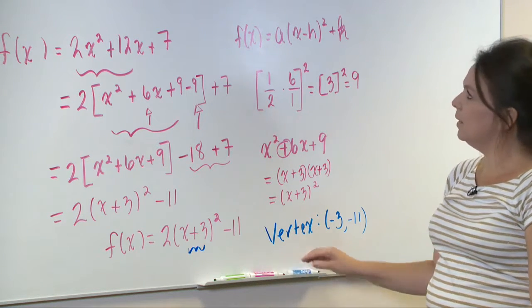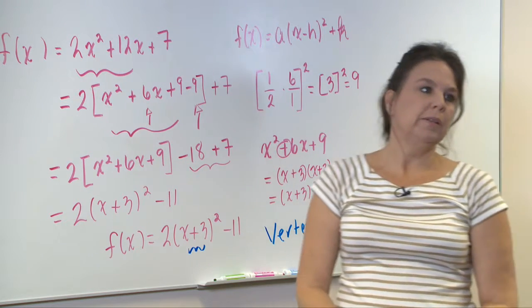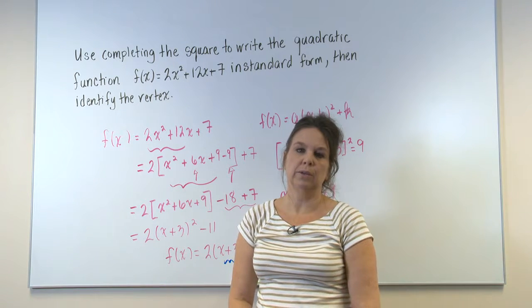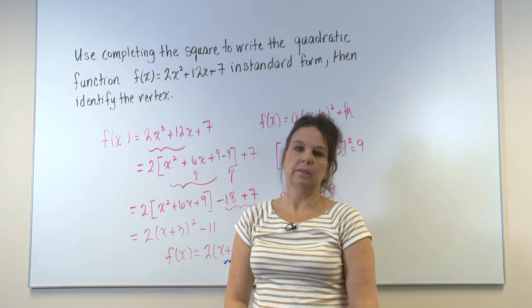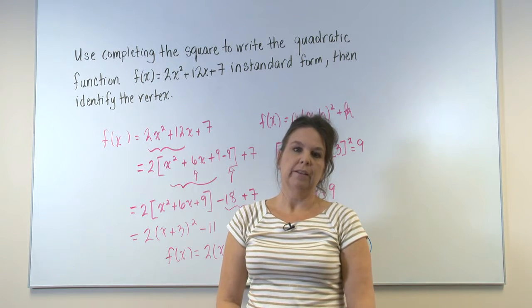The vertex is negative 3, negative 11. And we've used completing the square to rewrite the function f of x is equal to 2x squared plus 12x plus 7 in standard form, and then we identified the vertex.